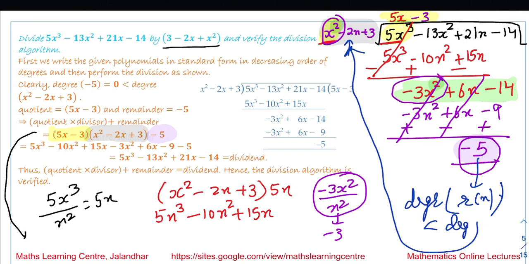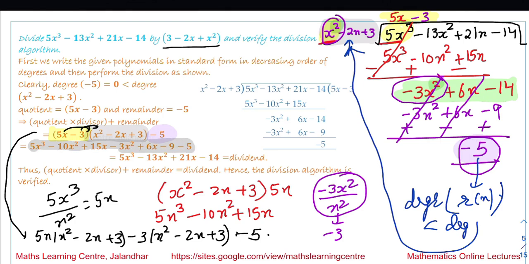It is 5x into x square minus 2x plus 3, minus 3 into x square minus 2x plus 3. We are multiplying this with this, then we are multiplying with minus 3, minus 5. When you multiply these values, you will get the answer in this form, and the final polynomial that you will obtain will be this, and that is equal to the dividend. So we are saying hence the division algorithm is verified.